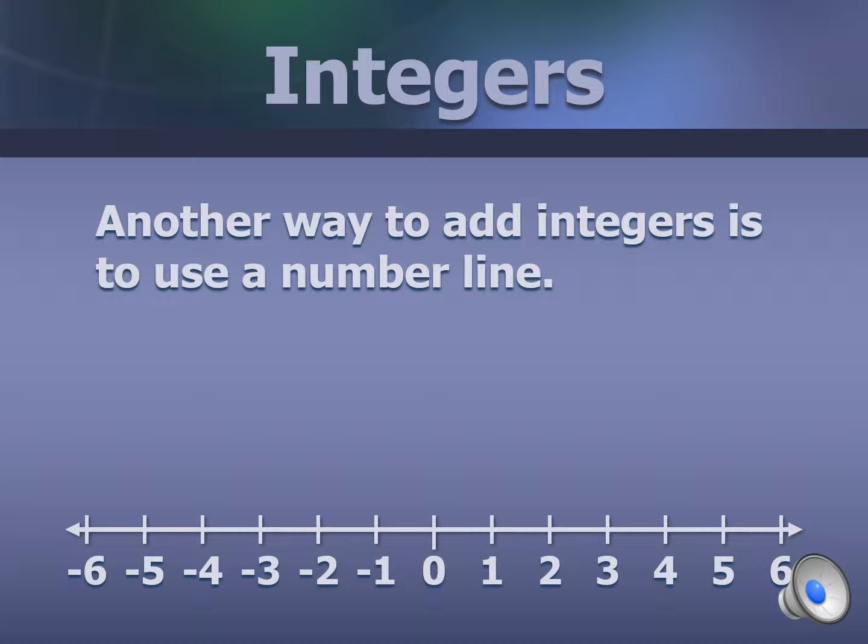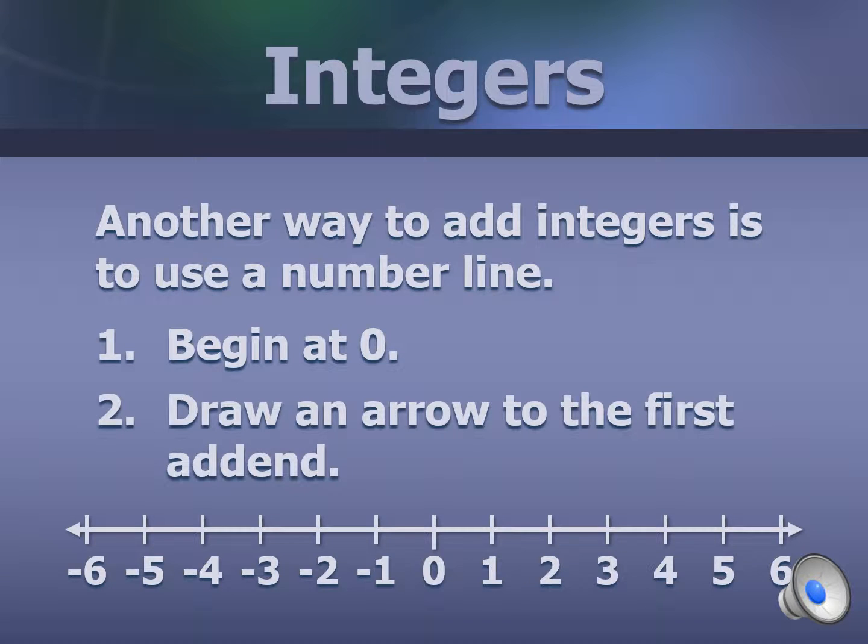So if you're using a number line and we're adding integers, the first thing you're going to do is always begin at 0. Okay? Always, you're going to begin at 0. Then you're going to draw an arrow to the first addend. Okay, that's the second step.